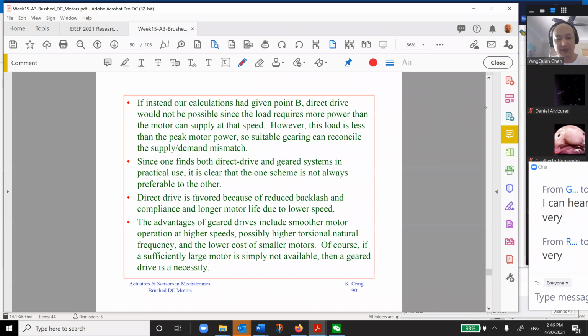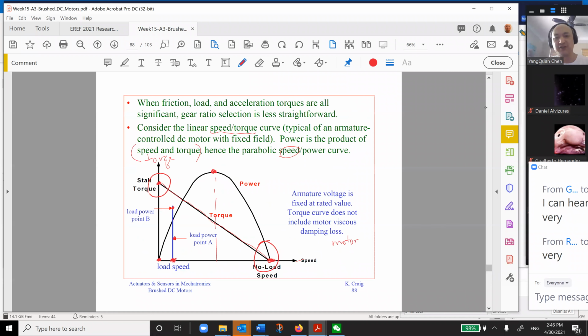So you need to know where your operational point is. Your operational point is here, or somewhere here, so it depends. You need to search on this line, in fact.